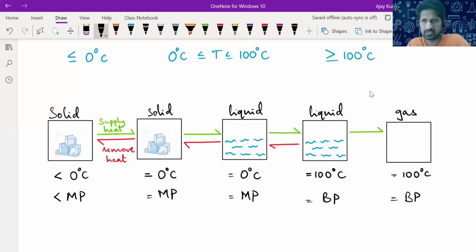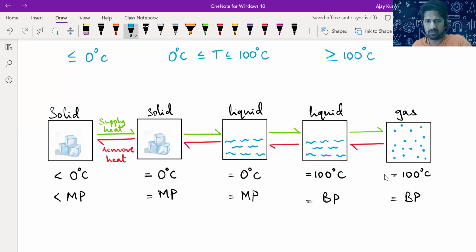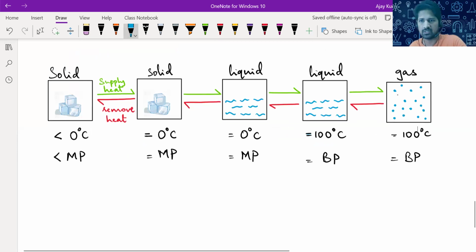Here also we make the same assumption. Until all the liquid converts to gas, no change in temperature happens. Heat is being supplied, but no change in temperature happens. And the reverse: if you remove heat, gas condenses into liquid. Vaporization, reverse process is condensation. And gas which is at boiling point temperature, if you continue supplying heat to it, can go to any higher temperature.